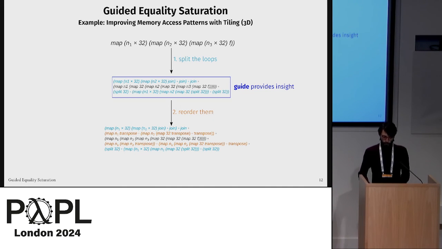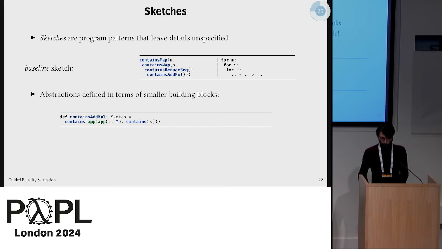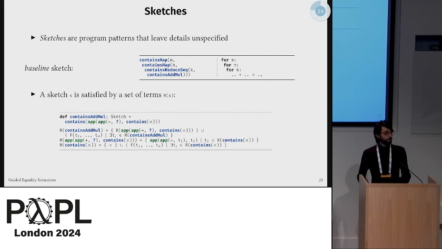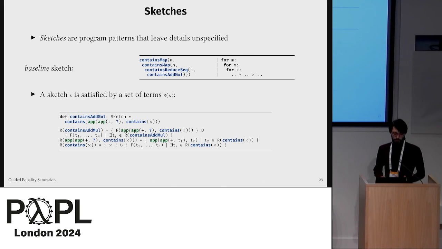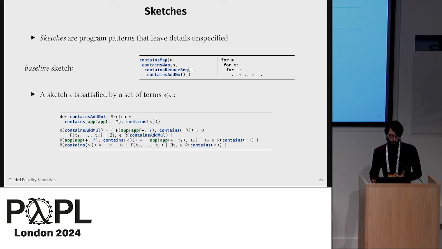Yes, that's a good question. Actually, I can quickly show that we have some sketch abstractions that we use in our experiments. Here, for example, without going into the details, we have this def contains add mo, which defines a sketch by composition. We have also defined other sketch abstractions in this way.